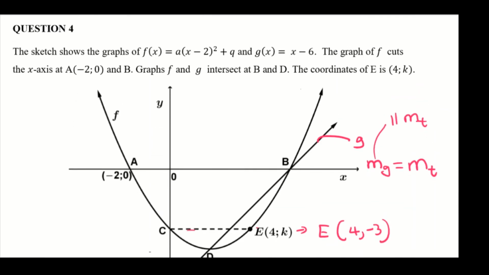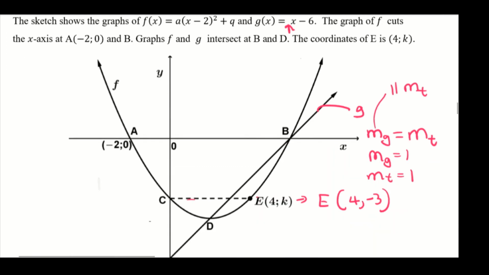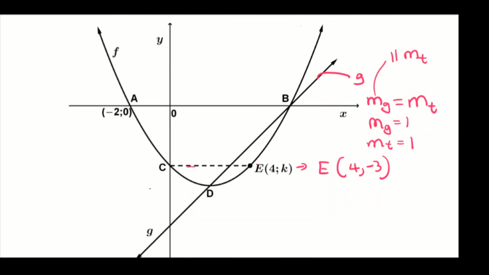So there it is here, it's equals to 1. So m of g is equals to 1. That means m of tangent is equals to 1, right? So now that we know the gradient of the tangent, we know the equation is equals to mx plus c, where the gradient is equals to 1. So y of t is equals to x plus c, right?